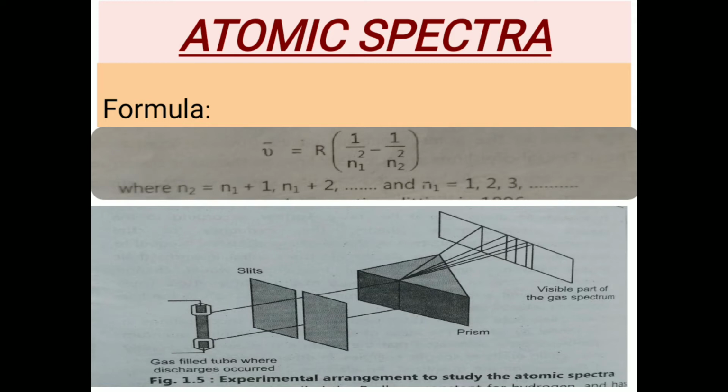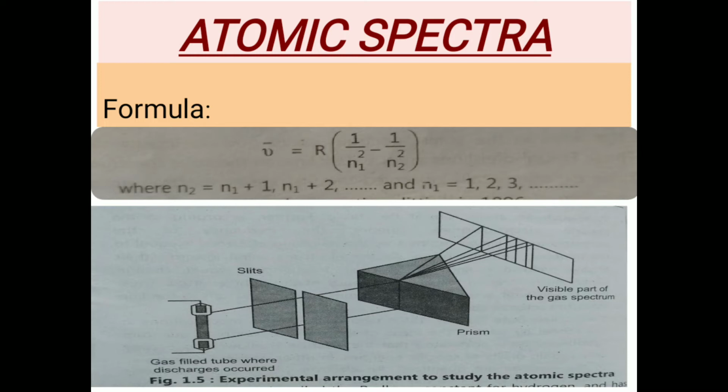Let's consider an experimental arrangement to study atomic spectra in brief. Consider a gas-filled tube from where radiation of light energy is discharged. It passes through narrow slits and falls on the surface of the prism.